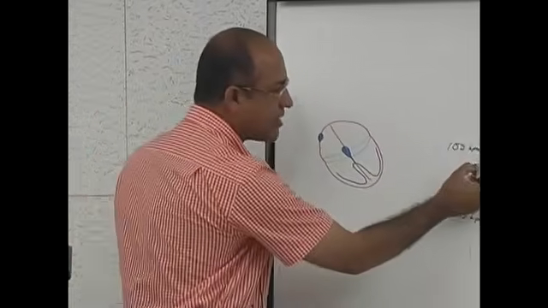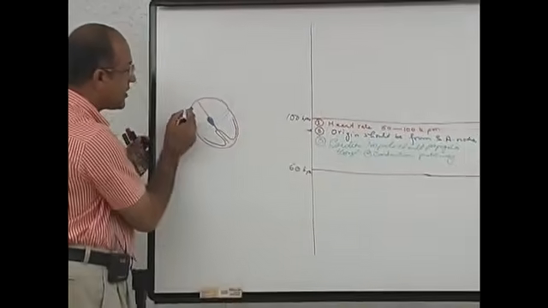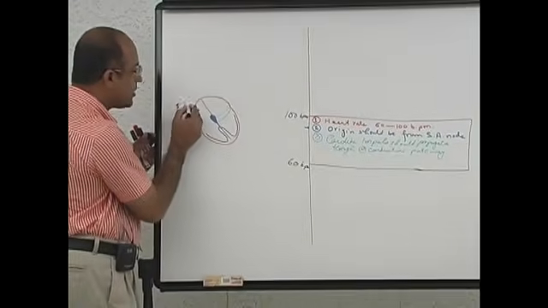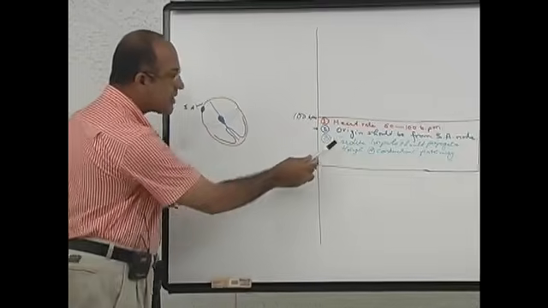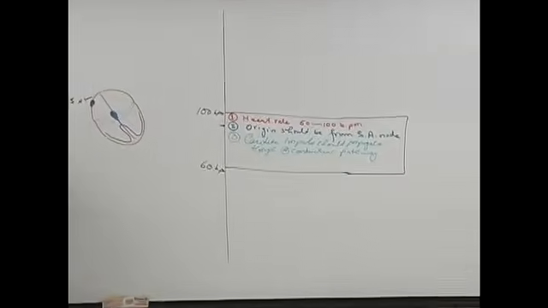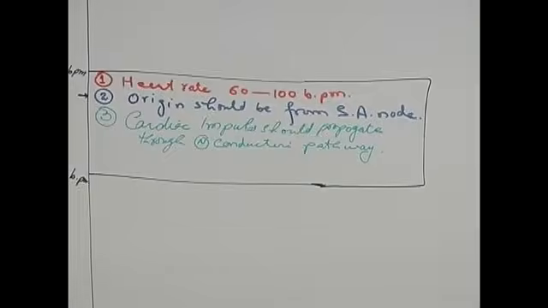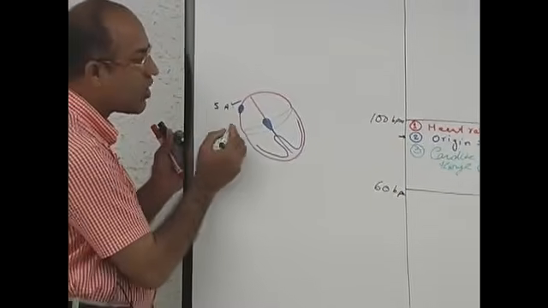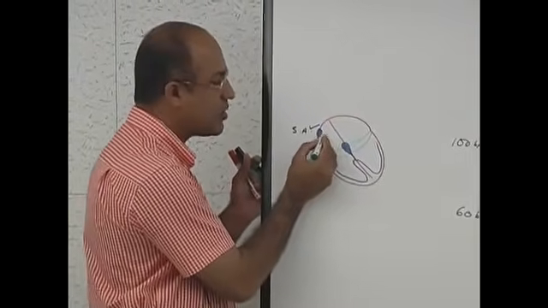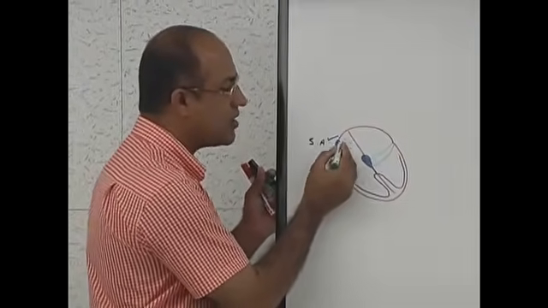Now listen. The second criteria is what? That this is the SA node, so every impulse should take origin from the SA node. The third criteria is what? That once current has originated from the SA node, it should pass through the normal conduction pathway. What is the normal conduction pathway? From the SA node, it should spread to the atria.